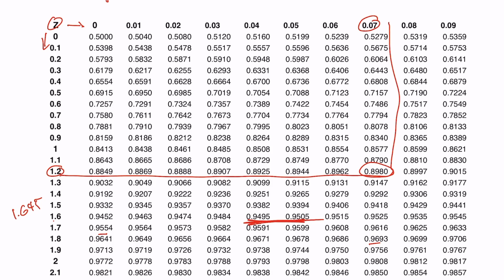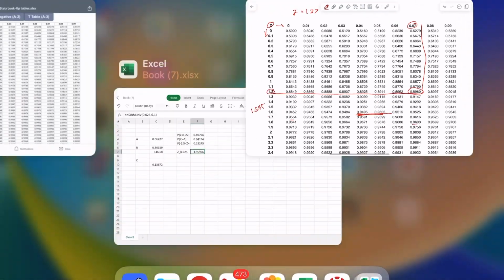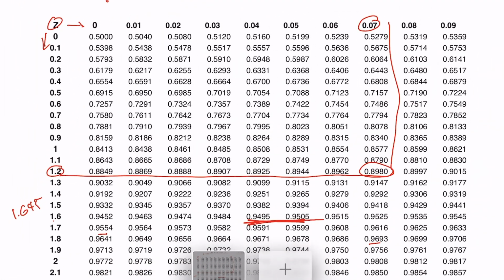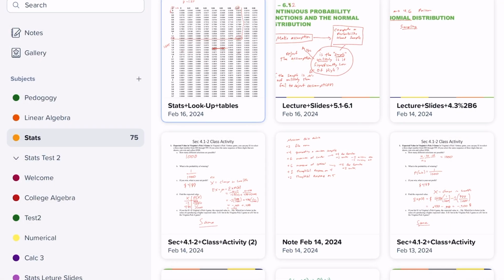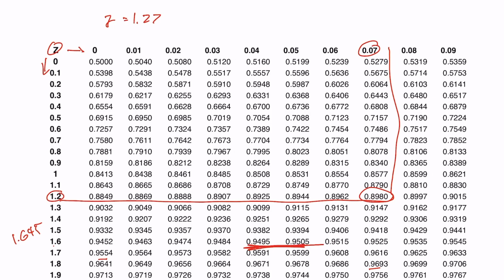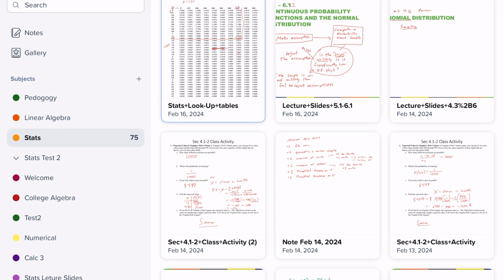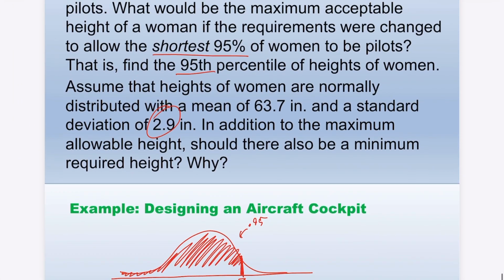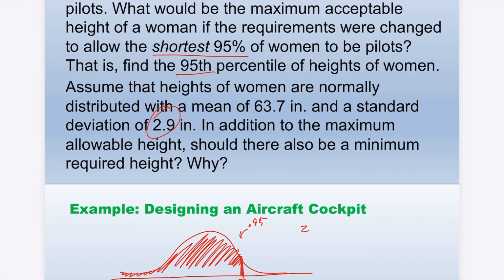That z-score means that there's 95% lower than it. So z here equals 1.645. But I don't want the z-score, I want it non-standardized.